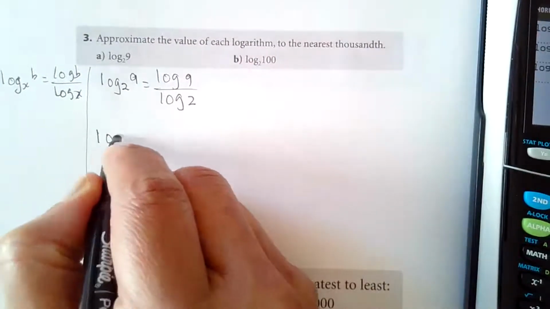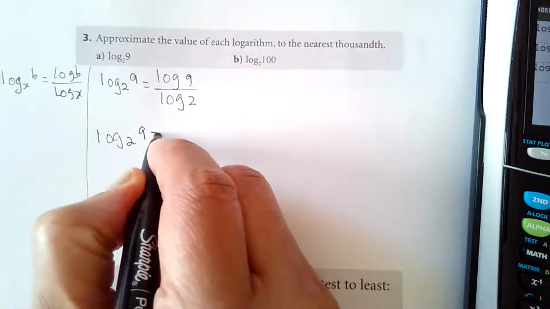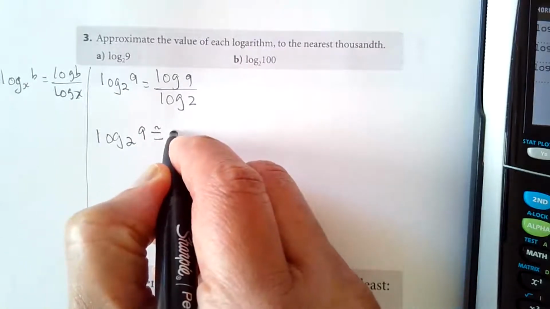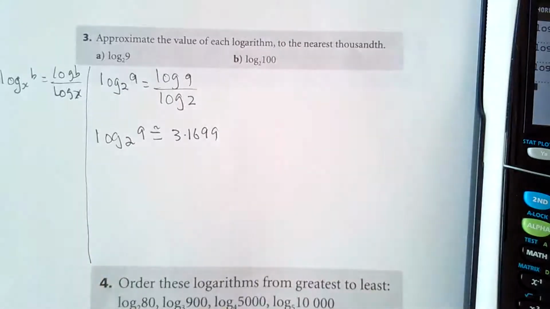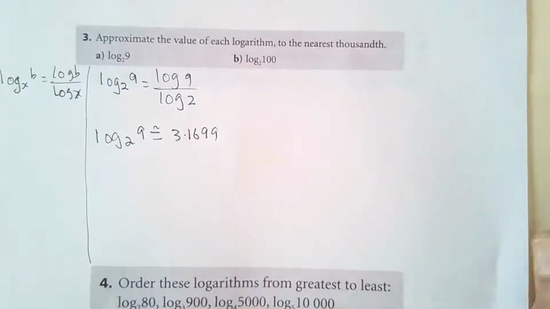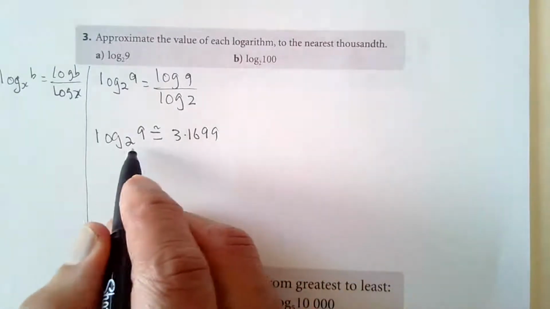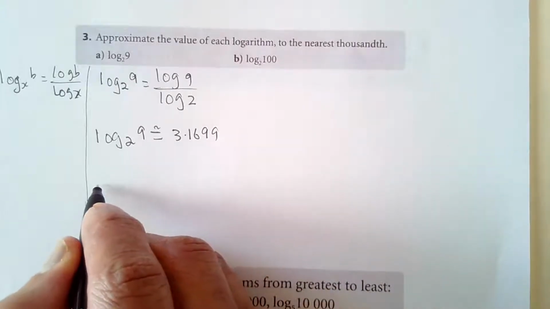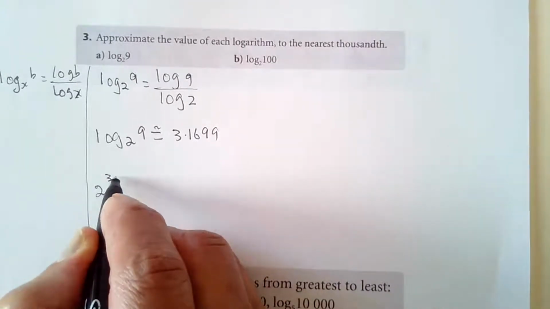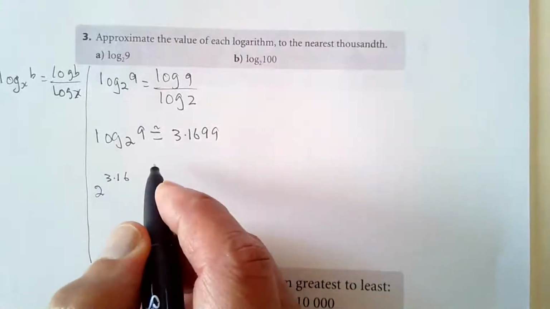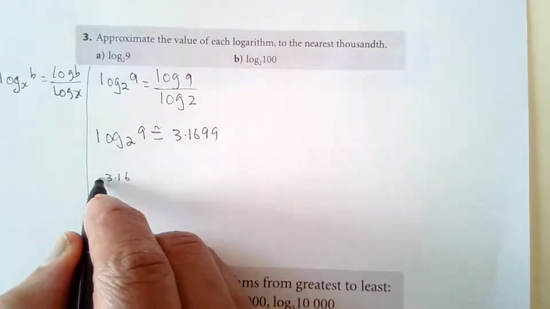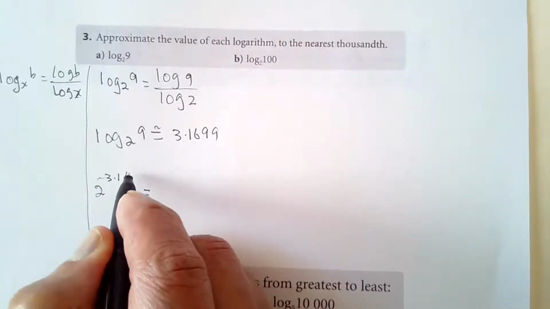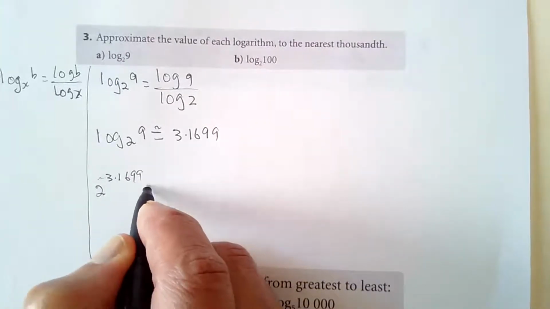So log base 2 of 9 is approximately 3.1699. Written in exponential form, it would be 2 to the power of approximately 3.1699, which is approximately 9.